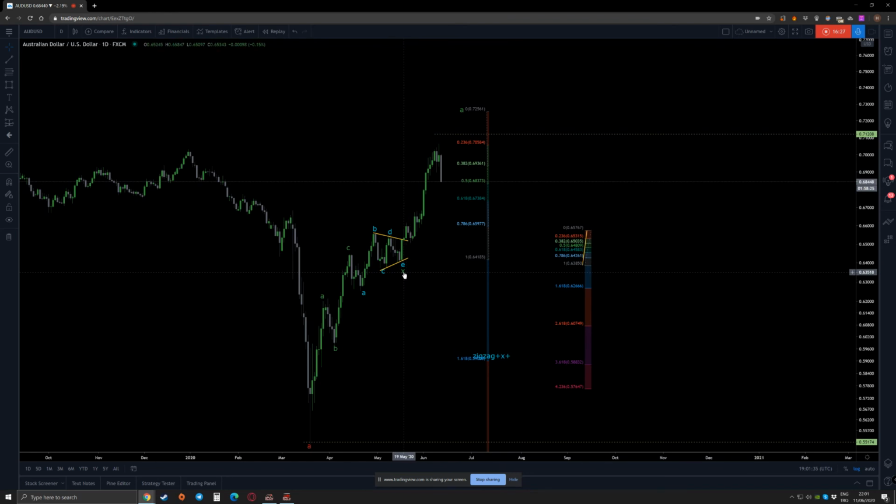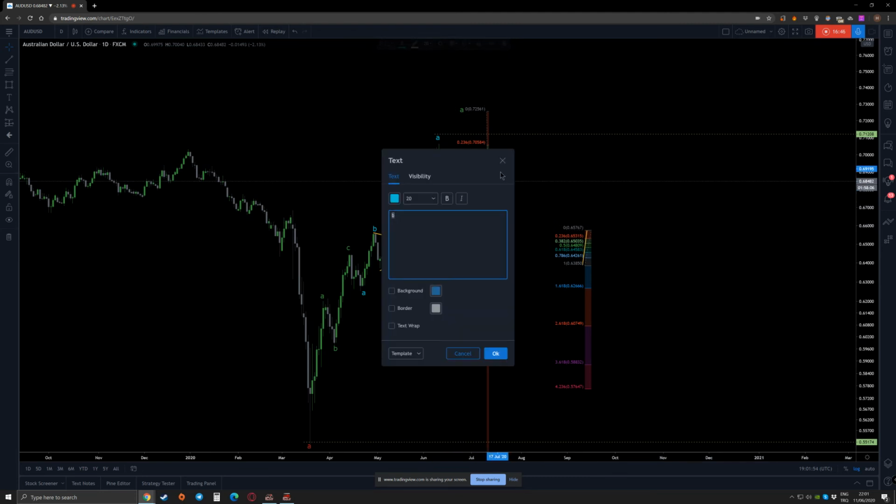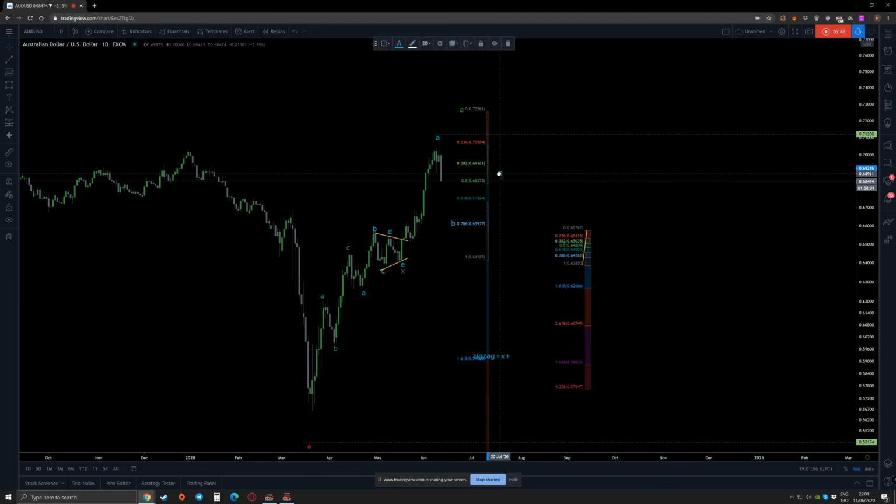after this X wave, this is not an impulsive wave, but we will have A, and if this comes here, something like this is a B wave here, something of a flat or that sort of thing, and then we will have a C wave. Well, how would you trade this?